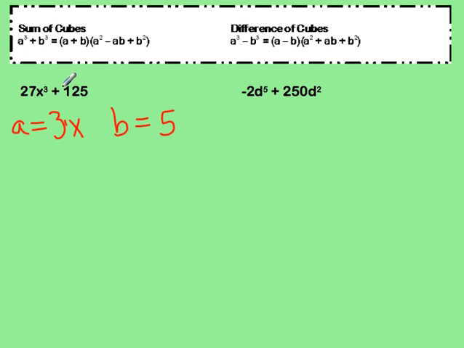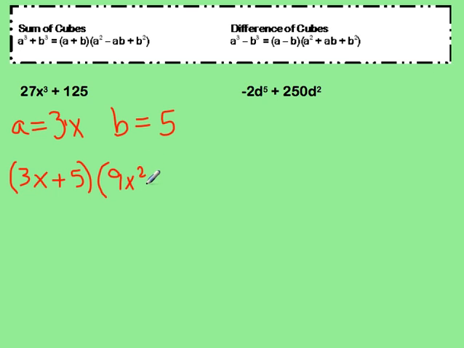Now, since there's a plus sign in here, I'm going to use this formula over here, and I just plug in my A and B. Since it's A plus B, it'll be 3x plus 5 times A squared. If I squared this whole thing, 3 squared is 9, x squared is x squared.